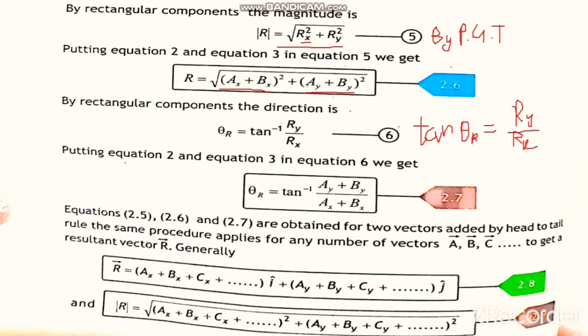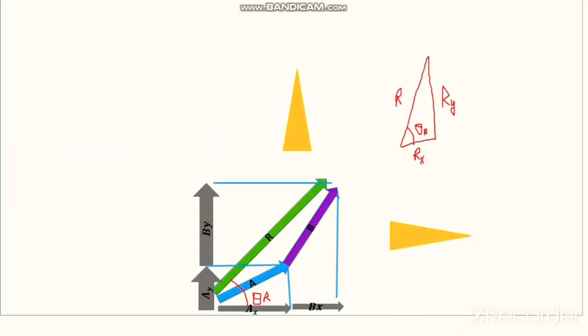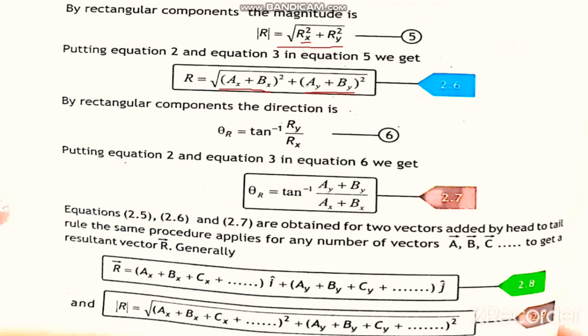For direction, you know that tan theta is equal to perpendicular divided by base. In this figure, you can see the perpendicular is Ry and the base is Rx. So tan theta is equal to Ry divided by Rx. Theta R is the resultant angle, so theta R will be equal to tan inverse of Ry divided by Rx.